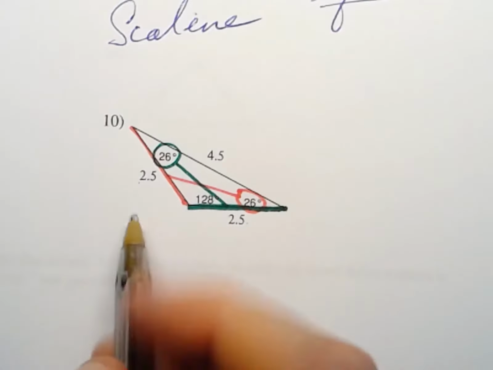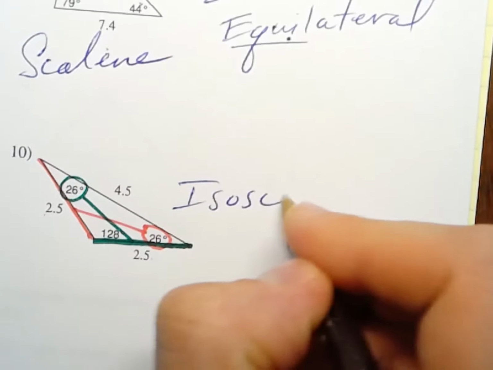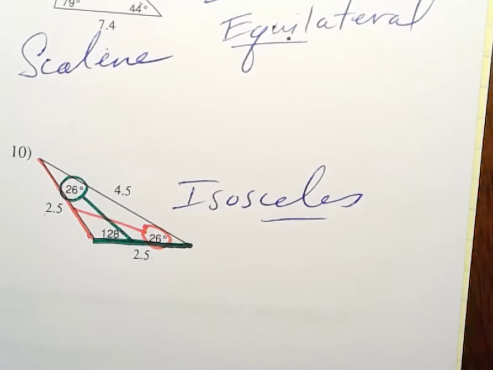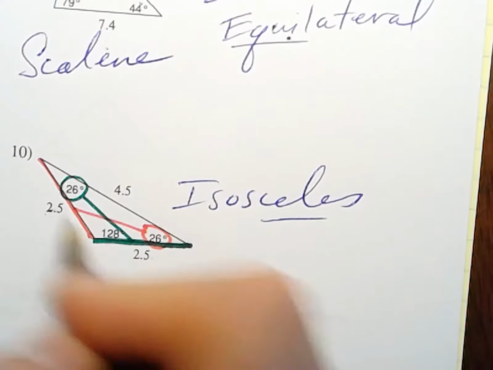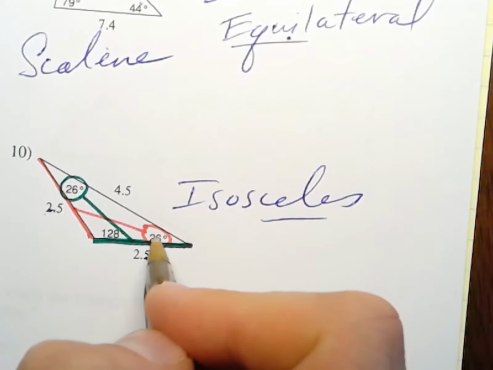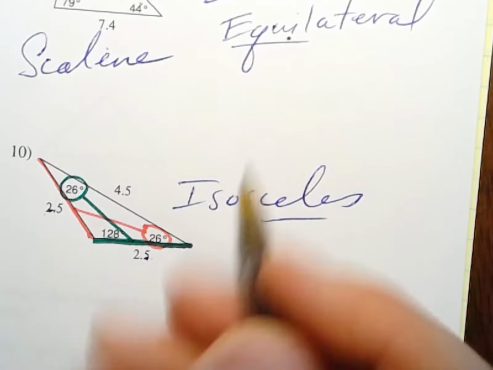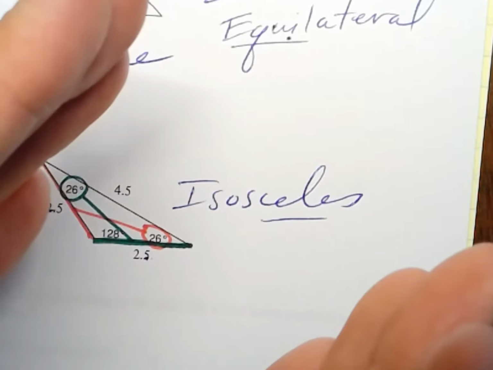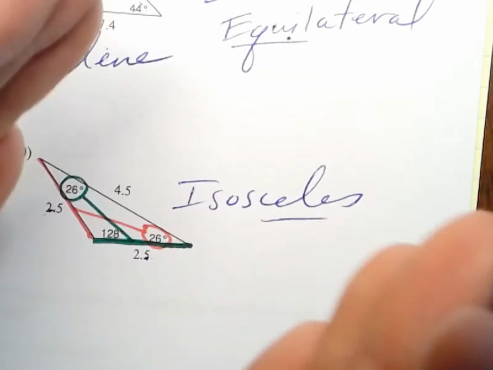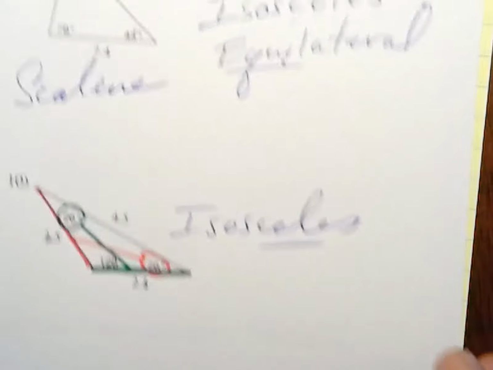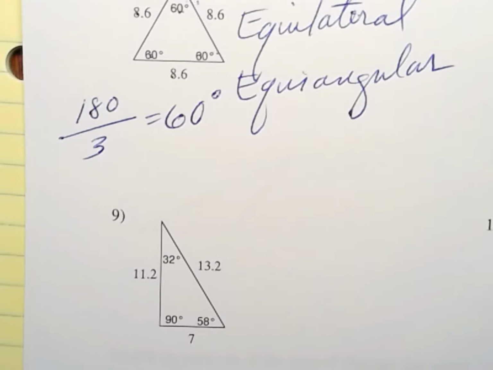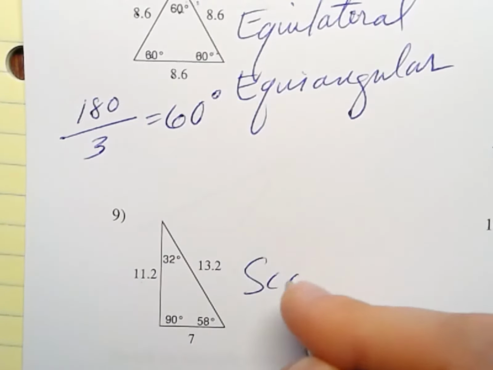So if two sides are the same, this is isosceles. But if you have two sides that are the same, the angles across from those sides also have to be the same, because it's kind of like it's opening up the same amount. The side length and the angle measure are related. Here we have one where nothing is the same, 11.2, 13.27, so this is a scalene.